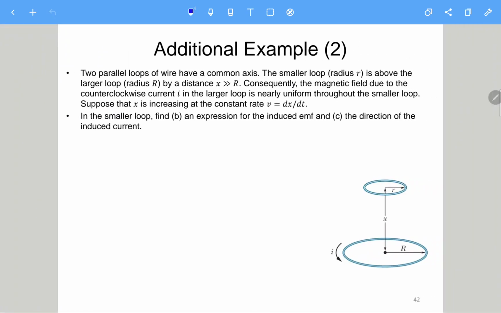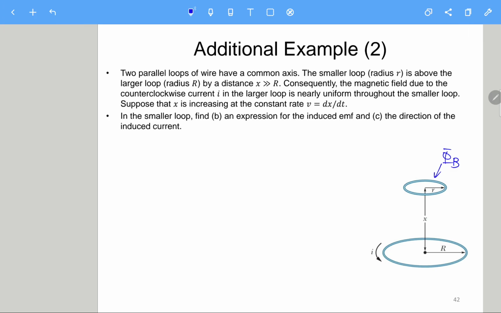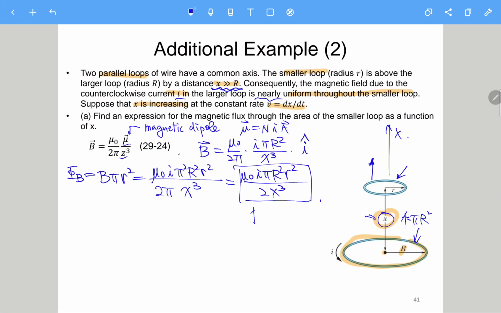Yeah, and next, for part B, in the smaller loop, find an expression for the induced EMF and the direction of the induced current. Suppose we know the phi B for the smaller loop, and we have this expression.